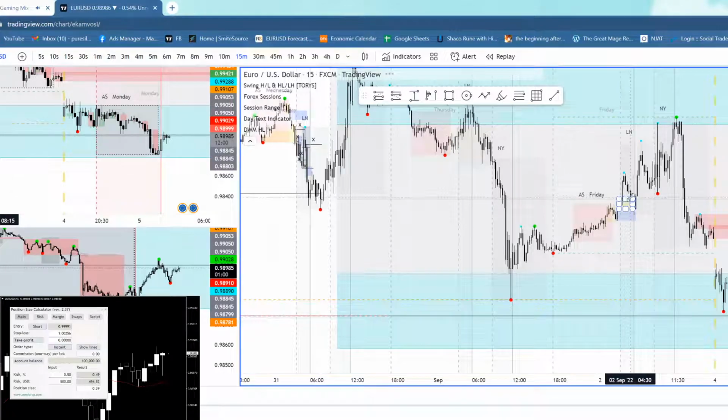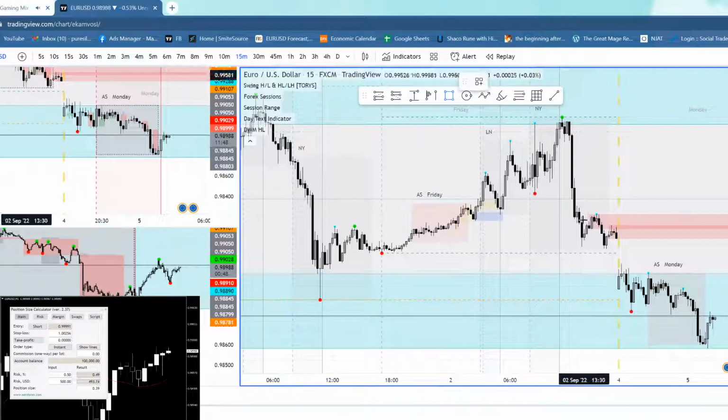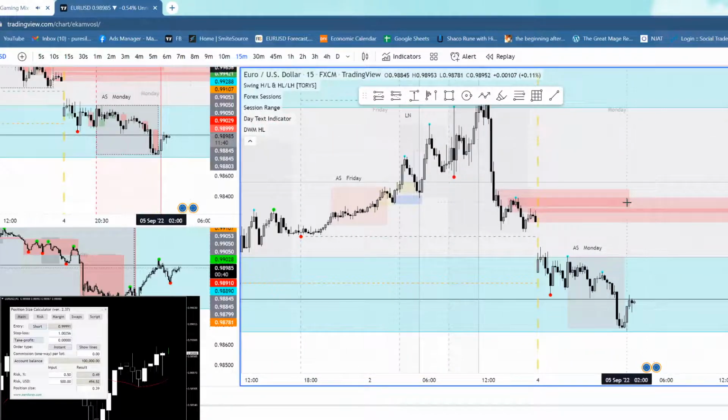And we'll go down to the 15 real quick. See what that 15 looks like. Yeah, see? Because the 15 also has this doji light candle here.